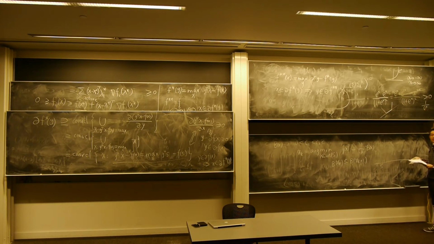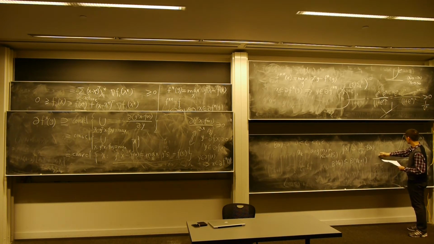I'm only worried about this end. So now my barrier function might look like this. This is b of x. Maybe this is, let me draw, 1 over c_k b(x).